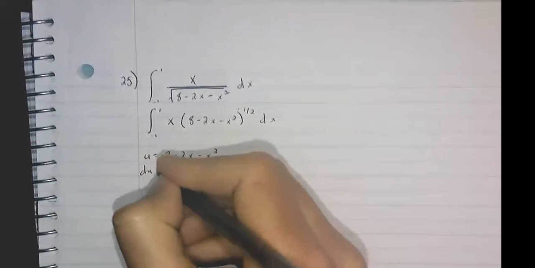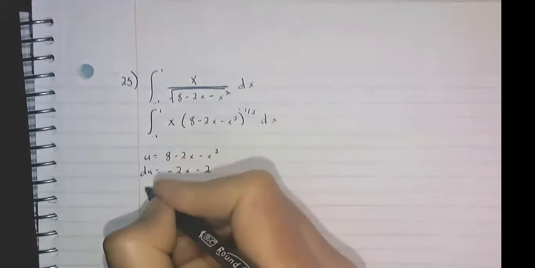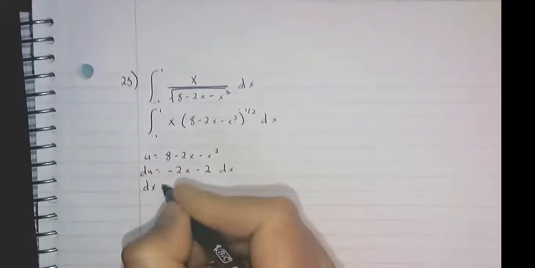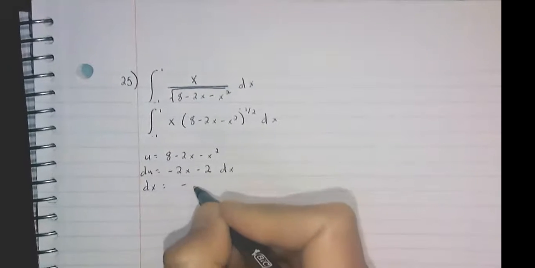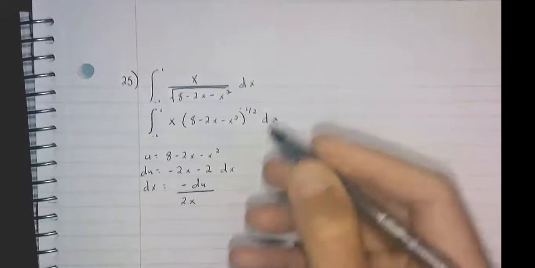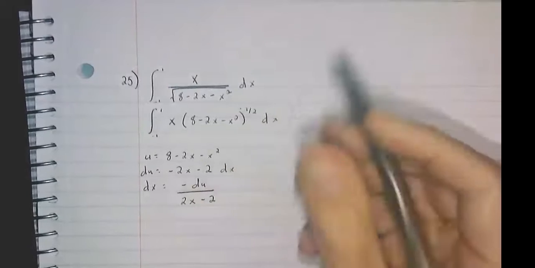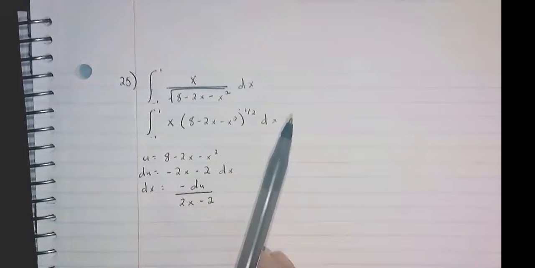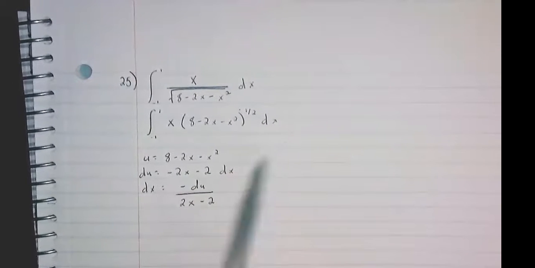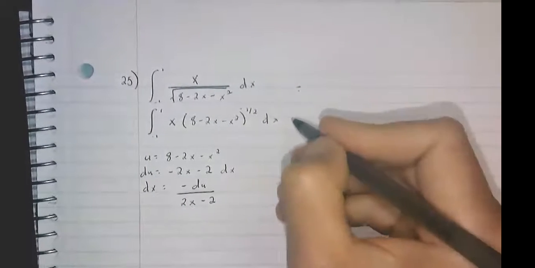So then du becomes -2x minus 2, times dx. So dx would be equal to -du divided by 2x minus 2. And that doesn't, well, let's just see. Doesn't feel like that's going to work.